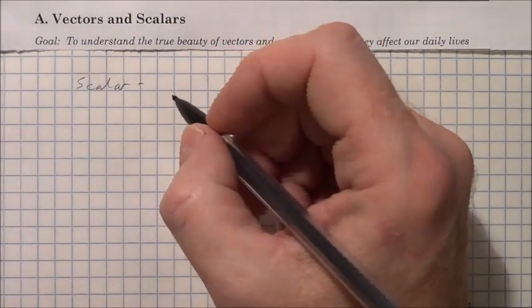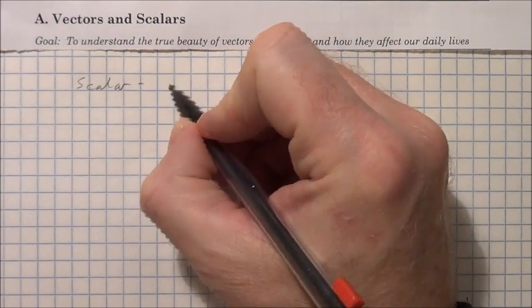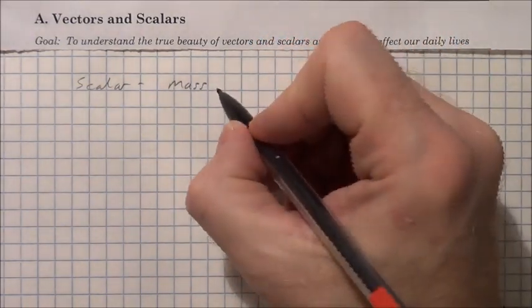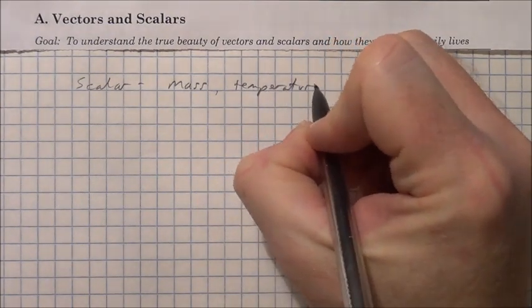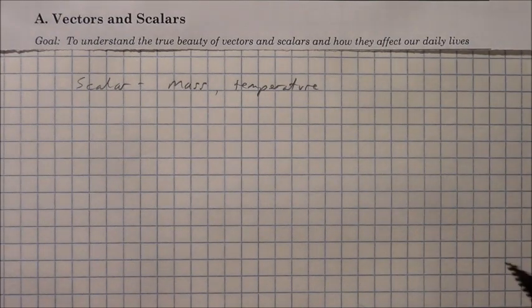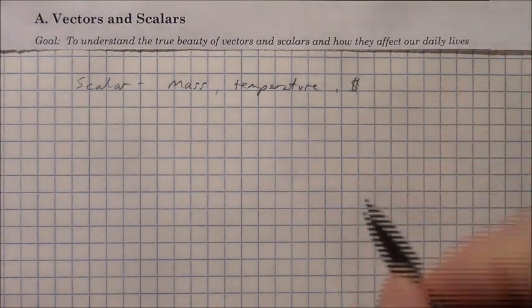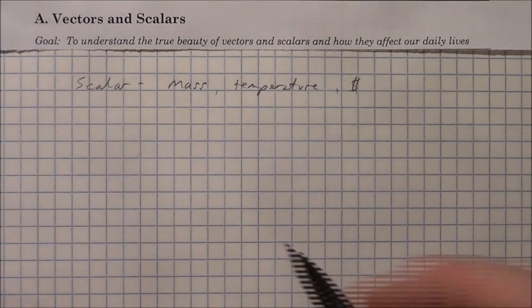So a scalar may be something like the mass of some object. It could be a temperature. It could be a dollar amount or some sort of monetary value. It could be some distance where we don't know the direction.